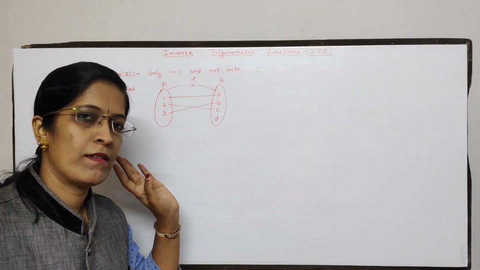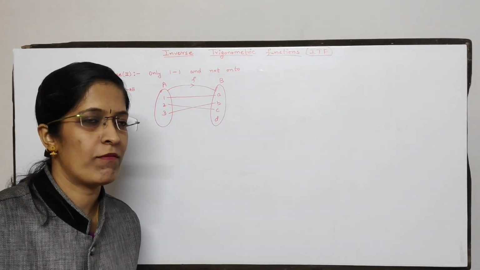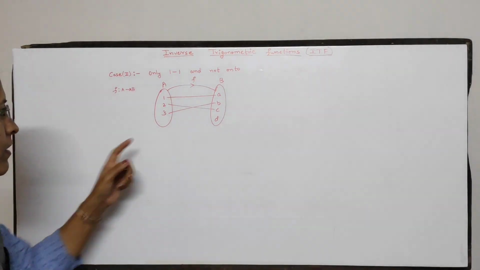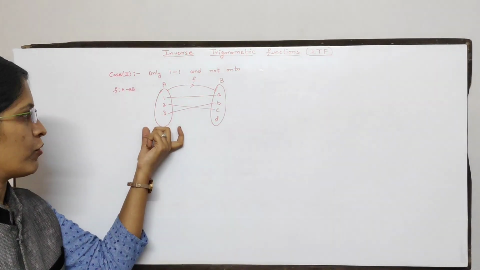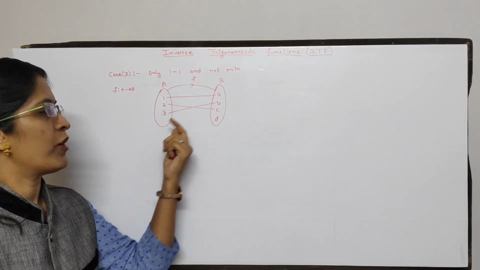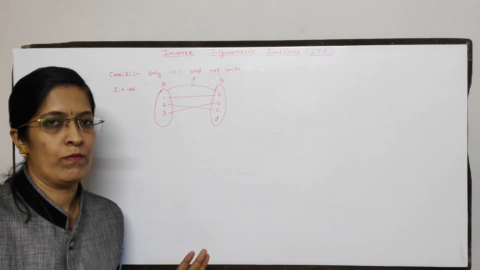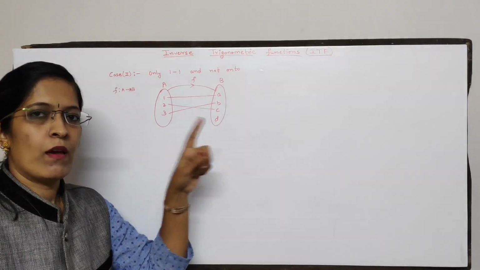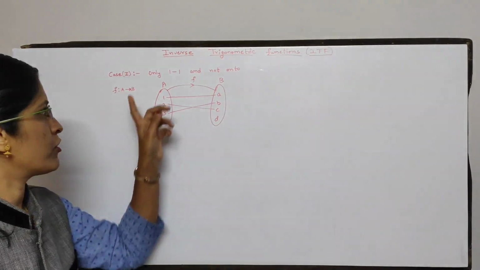Rooms can be vacant. These are the 3 conditions we have to remember in a 1-1 function: all the hostel boys should get a room, rooms can be vacant, and no 2 boys can go in a single room. Each boy gets 1 room. This is the condition for a 1-1 function.